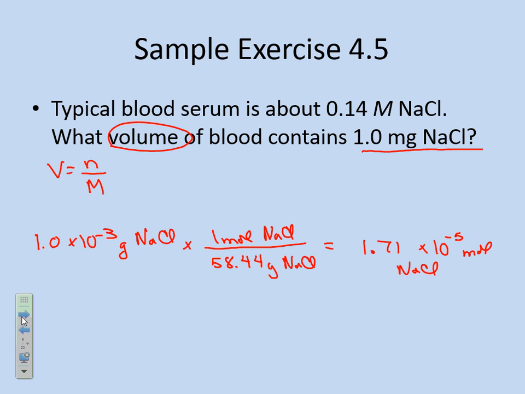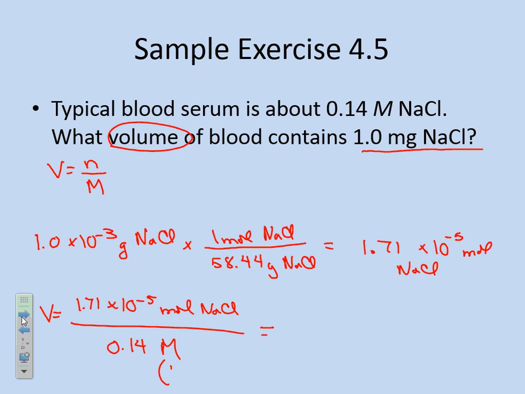Now we want to know how much blood. So our volume is equal to the number of moles, 1.71 times 10 to the -5th moles of NaCl, divided by the molarity, 0.14 molar. That will give us liters. If you think about molarity as moles over liters, the moles will cancel.